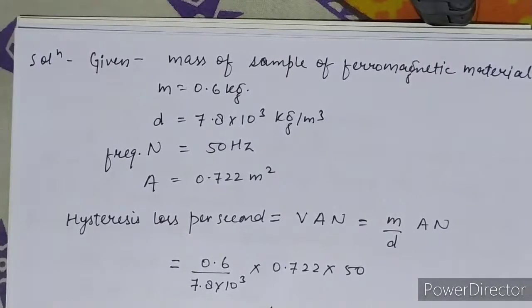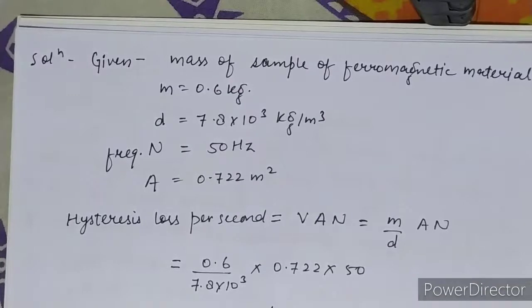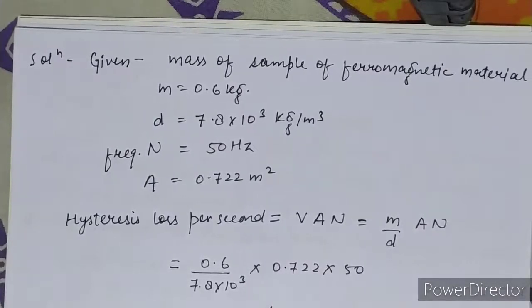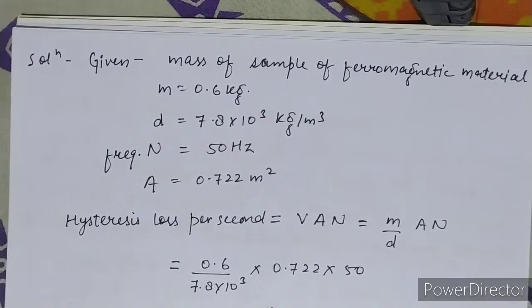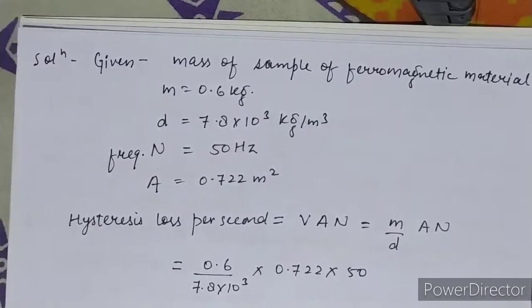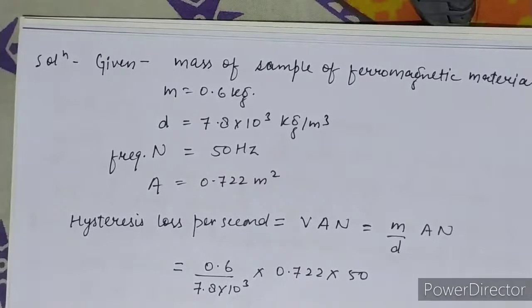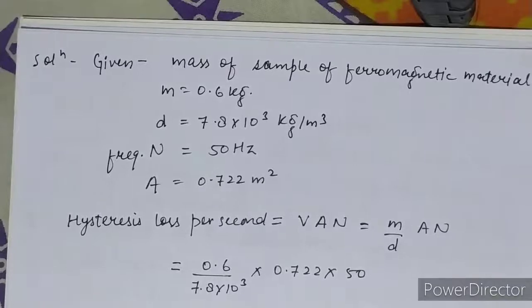The Curie temperature of a ferromagnetic material is 300 Kelvin.